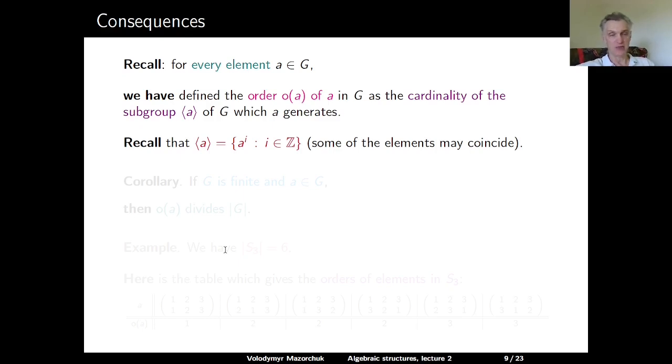And of course, some of these powers may coincide. This, at the end, might turn out to be a finite subgroup of G. And the cardinality of this subgroup is the order of the element.